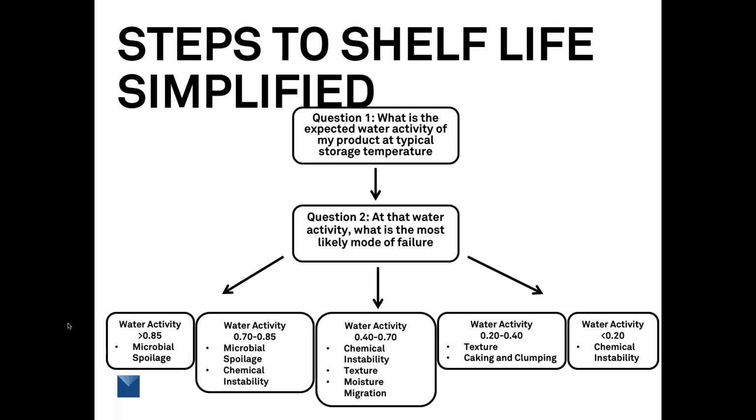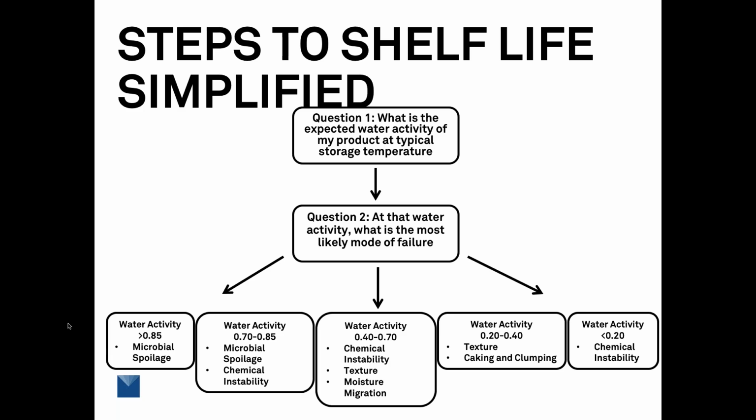This is the range where many chemical reactions are at their highest rates, such as browning reactions, hydrolysis reactions, and enzymatic reactions, all maximized in this 0.7 to 0.85 range. So maybe even more than microbial spoilage, chemical reaction could be what ends the shelf life of the product. It affects the flavor or the smell of the product.